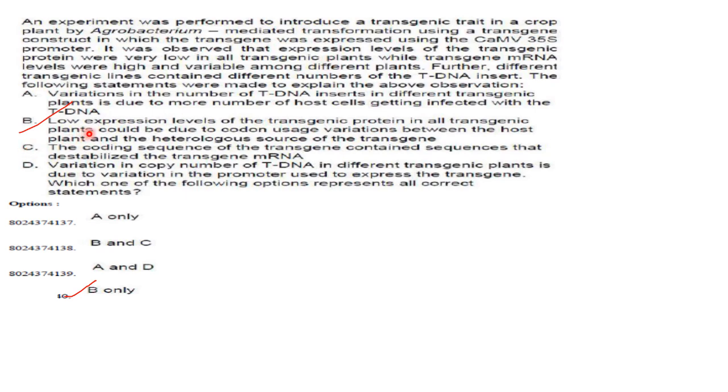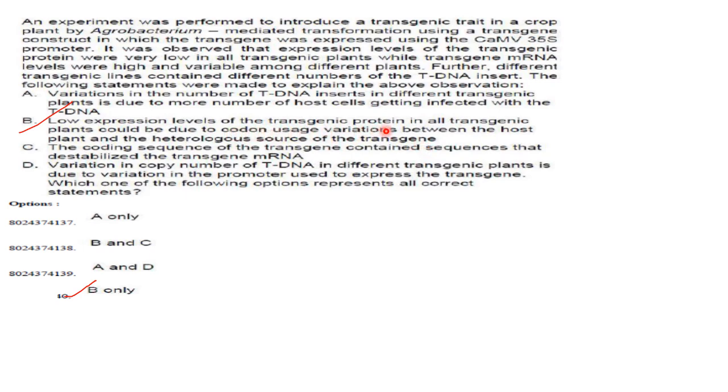You can go through the video previously where I have done regarding codon bias. So answer here is low expression level of the transgenic protein in all transgenic plants could be due to codon usage variation between the host plant and the heterologous source of the transgene. That is what they have told.